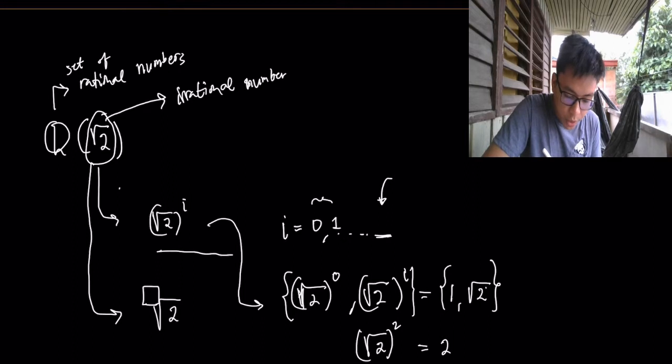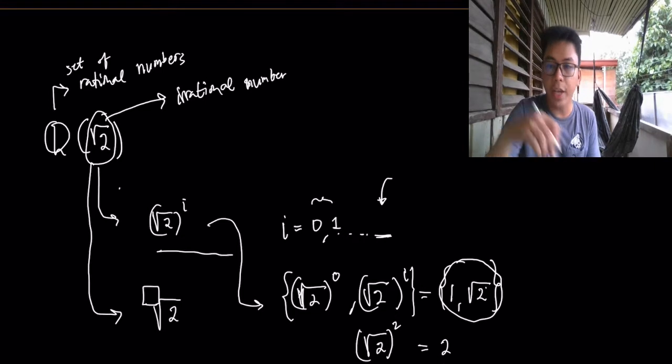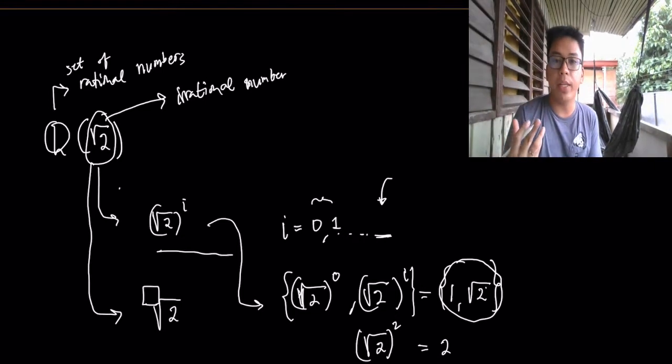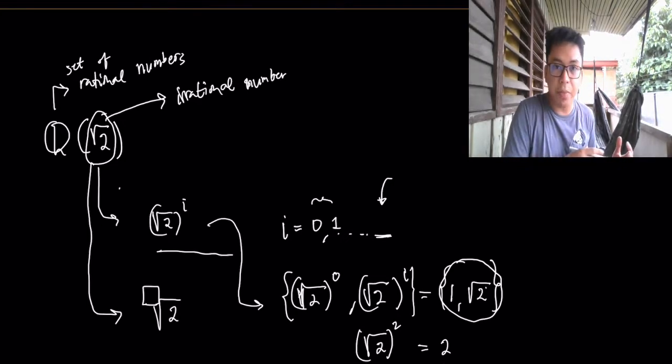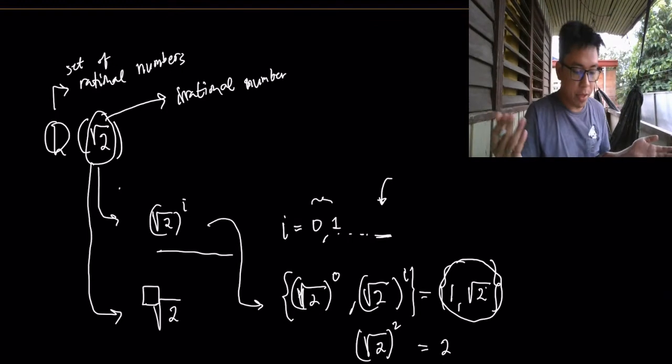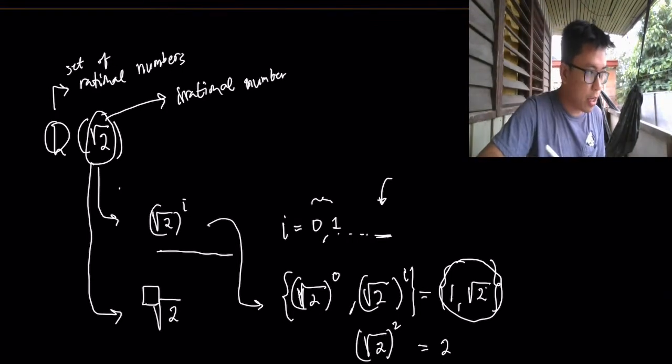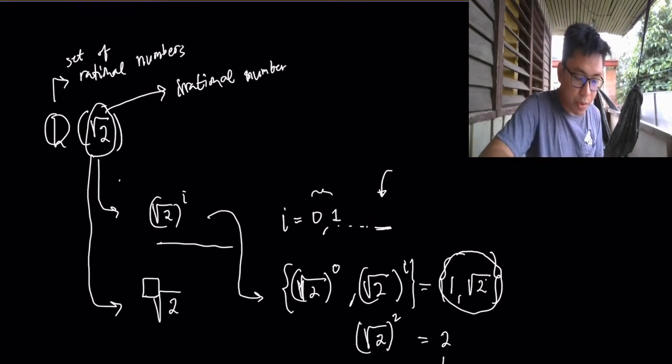However, this 2 can be written as a product of 1, so it's already spanned by 1. So our basis would only be 1 and square root of 2. I hope you understood already what a basis is. I have uploaded a separate video for the basis of a vector space.